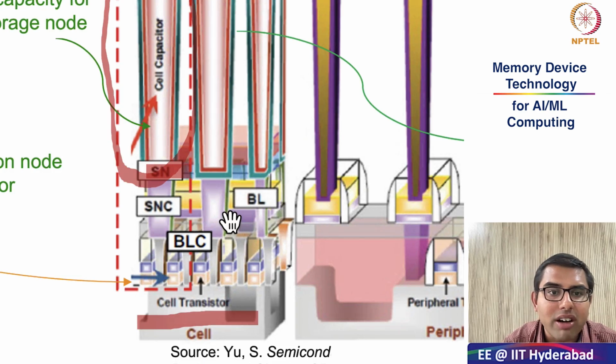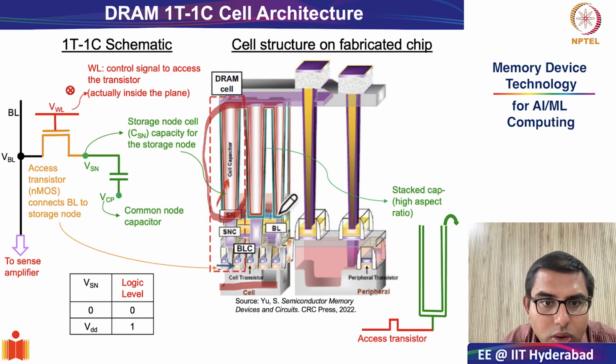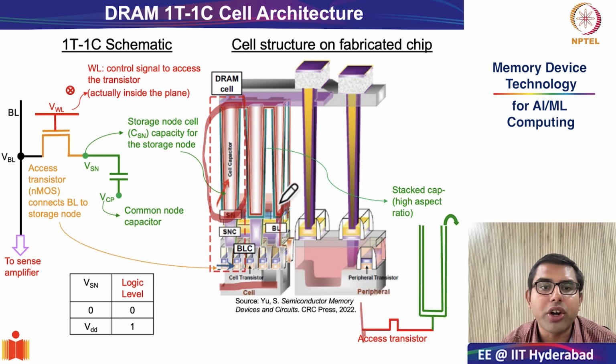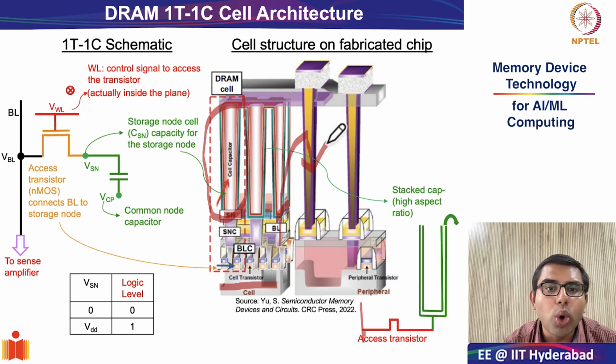One end of the cell transistor is connected to the bit line, as indicated over here, and the information from the bit line will go to the outside peripheral circuitry or peripheral transistors.